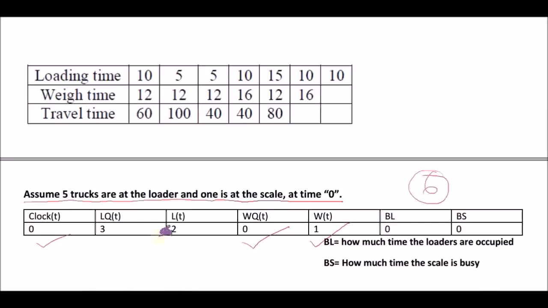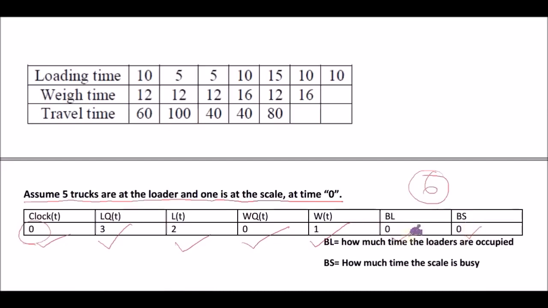Now how do we distribute this? Since there are 2 loaders, 2 of them get filled in the loaders, and how many are remaining? 5 minus 2, 3. So 3 of them are waiting in the loader queue. So we have the first instance at time 0 as to what the scenario is and how the trucks are distributed. Since it's the first time instance, nothing has happened, clock is just 0, and BL and BS are going to be 0 because it's just about to start.